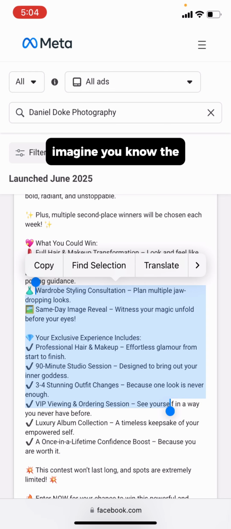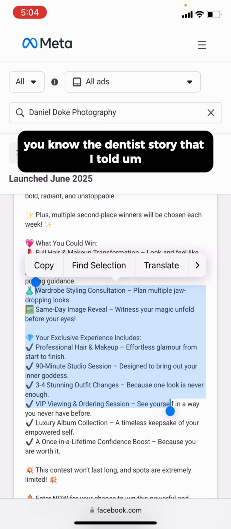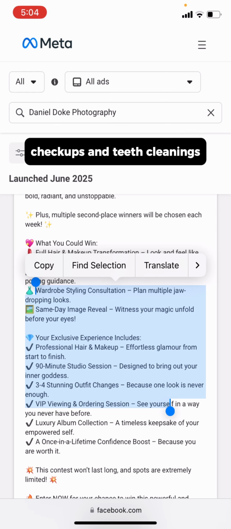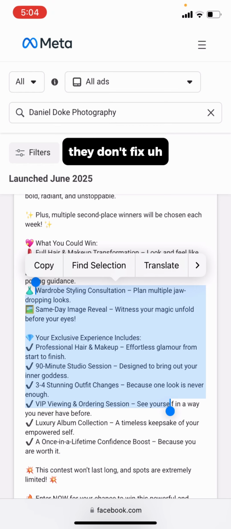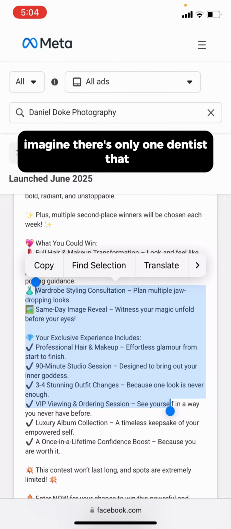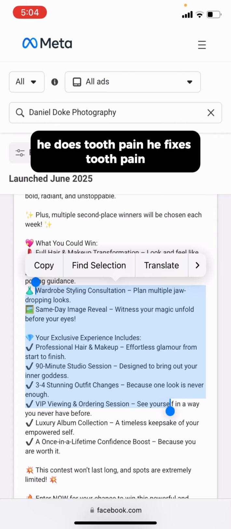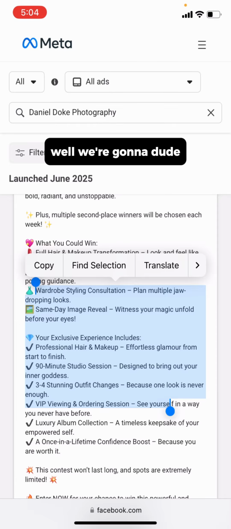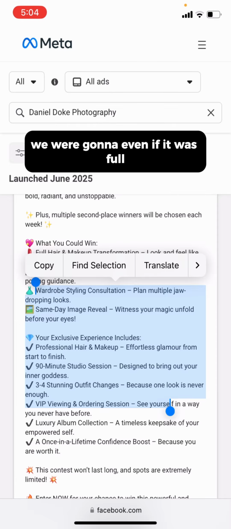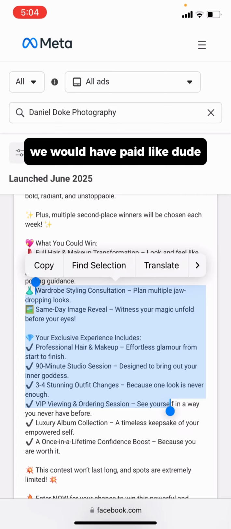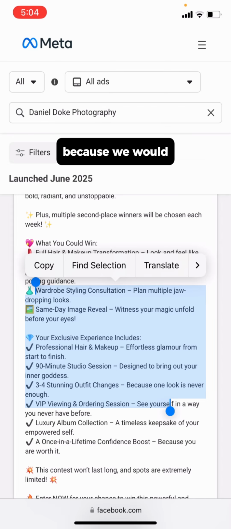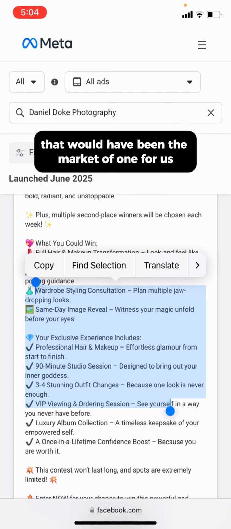Imagine, in the dentist story that I told, if all the other dentists in our city only did 6-month checkups and teeth cleanings, they don't fix tooth pain. Imagine there's only one dentist that fixes tooth pain. Well, even if it was full, we would have paid, like, dude, I'll pay double to get in. Just get me in tomorrow. Kick someone off, because that would have been the market of one for us, for our tooth pain.